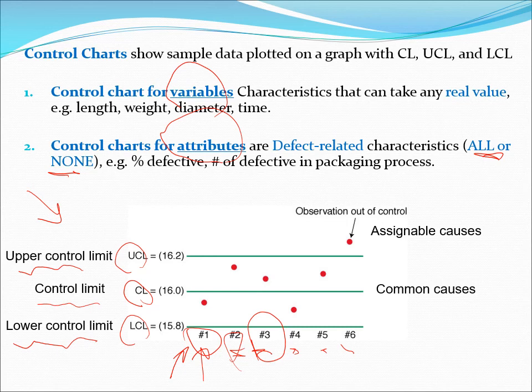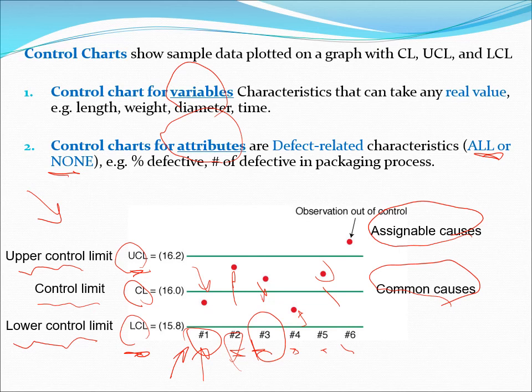Is it acceptable, due to common causes, or is this variation due to assignable causes? If all the points are between the upper control limit and the lower control limit, the variation is due to common causes of variation.